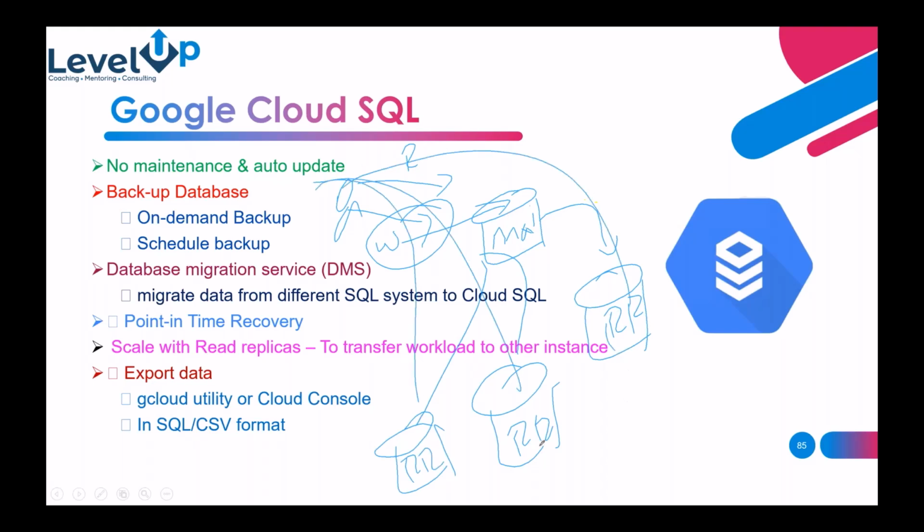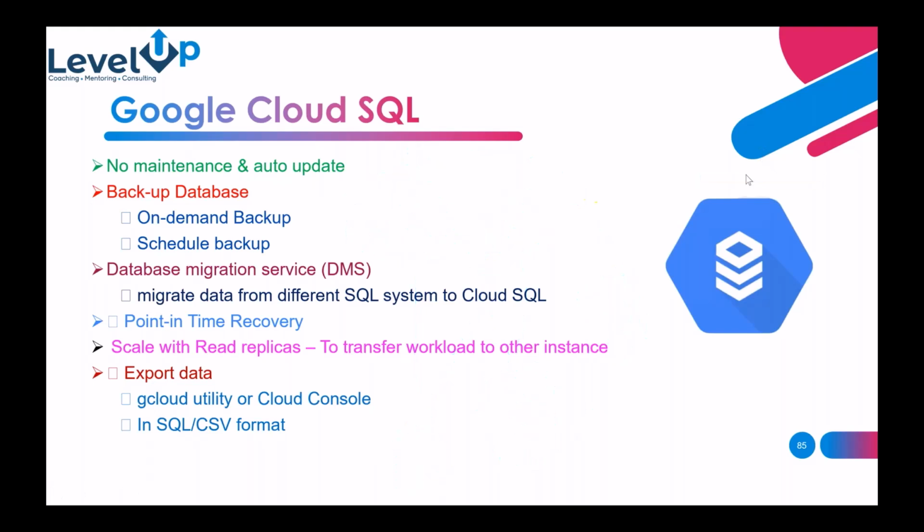So what happens? The read requests will be extremely fast. So we can create read replicas by using Cloud SQL. We can also export data in SQL or CSV format by using the gcloud utility or Cloud Console.